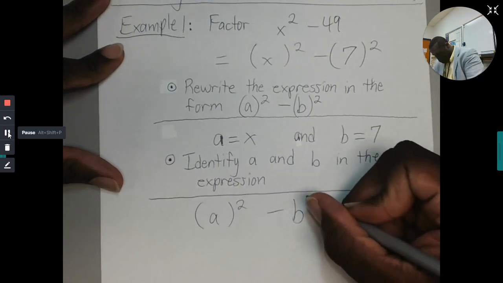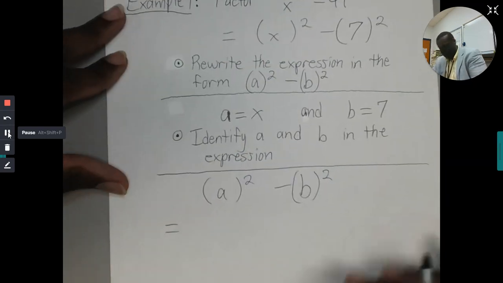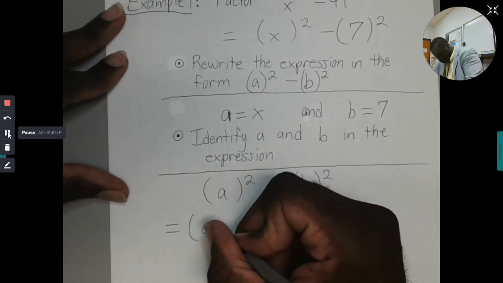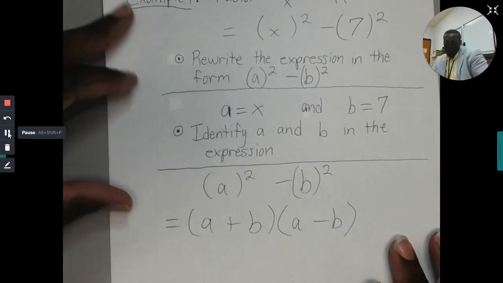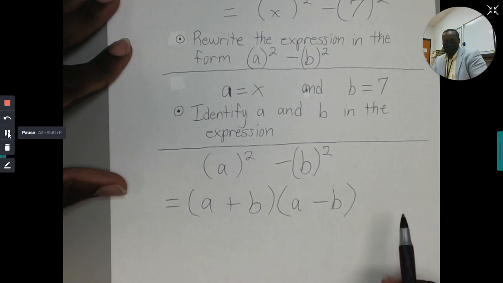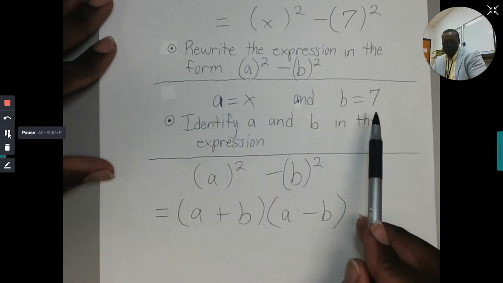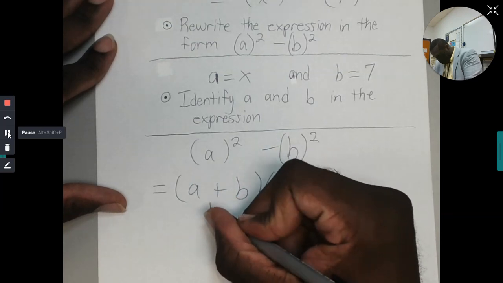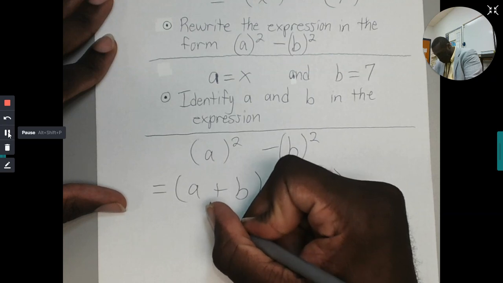If you have it written in this form, then the factors of a difference of squares will be written as a plus b times a minus b. Since we know exactly what a is and what b is, all we have to do is replace a and b in this formula.